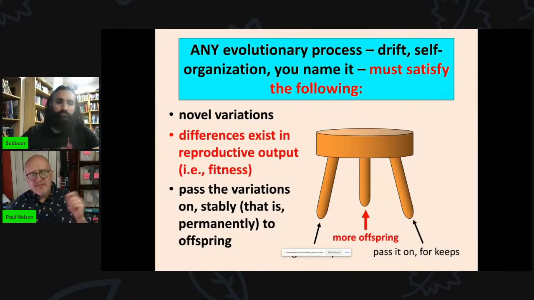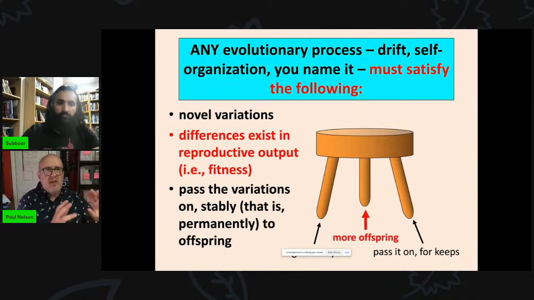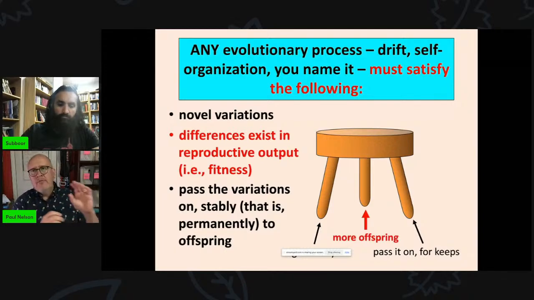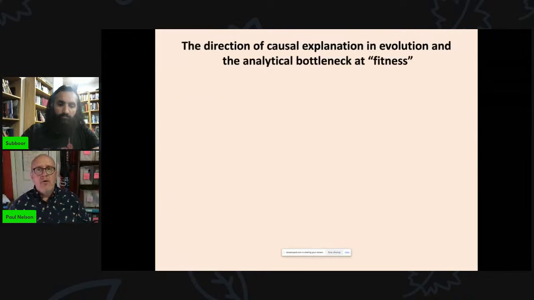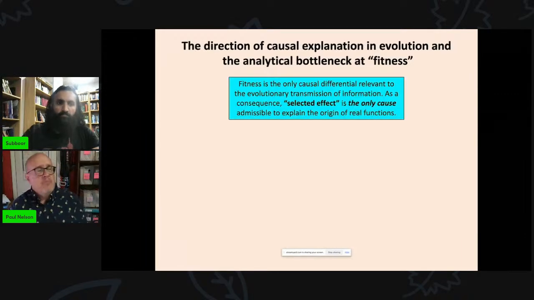Okay, you've got to leave more offspring, because what one wants to do in evolutionary explanation is shift populations over time from state A to state B to state C in a way that is directional, that is stably transmitted. Now, this may be an even more important slide.